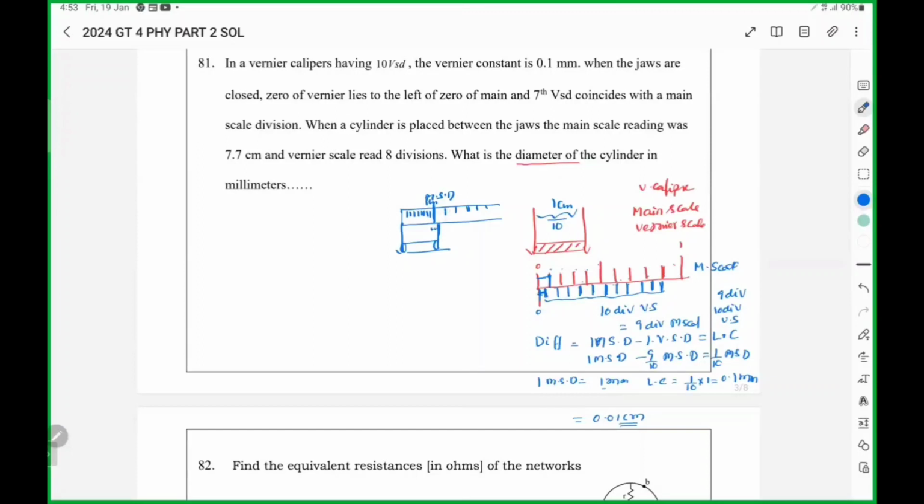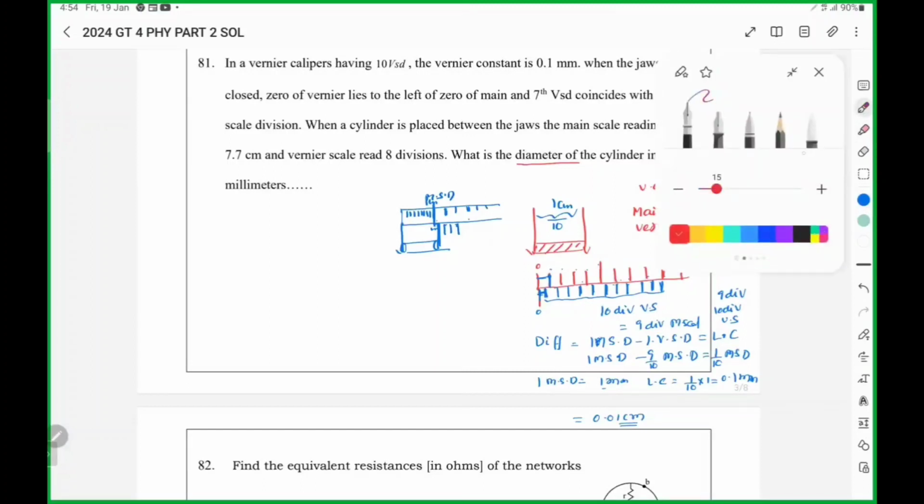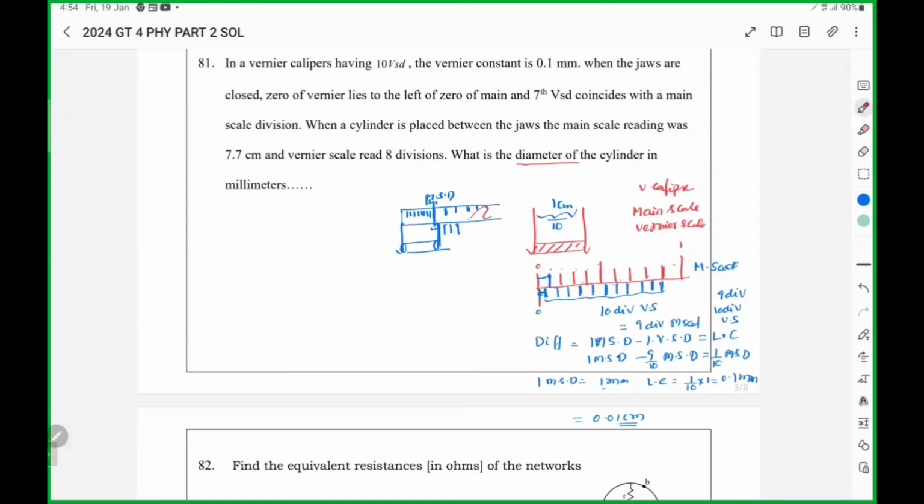It may be in between: this is 1 centimeter, this here is 1.1. So some small distance is there that we are measuring in terms of vernier scale divisions. How much is this? Here one of the vernier scale divisions may coincide with a main scale division.